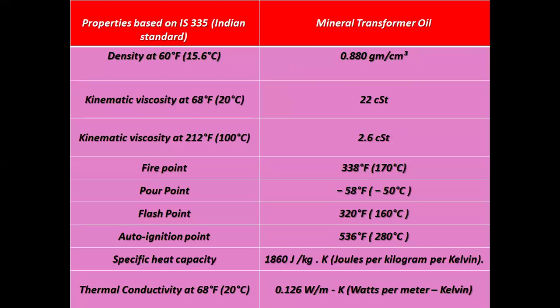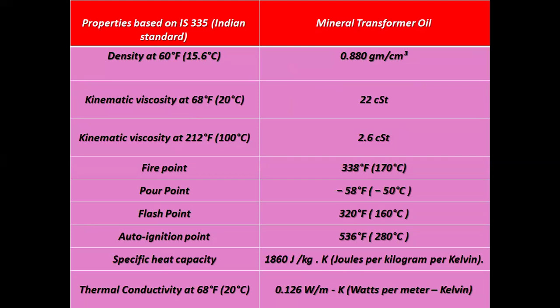Properties based on IS 335 Indian standard, mineral transformer oil. Density at 60 degree Fahrenheit or 15.6 degrees centigrade, 0.880 gram per centimeter cube. Kinematic viscosity at 68 degree Fahrenheit or 20 degrees centigrade, 22 cSt.